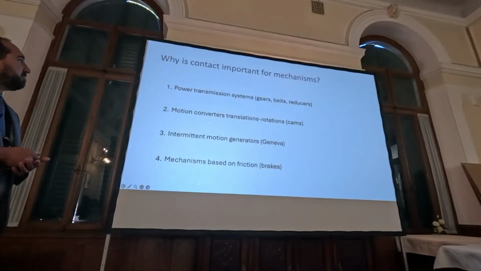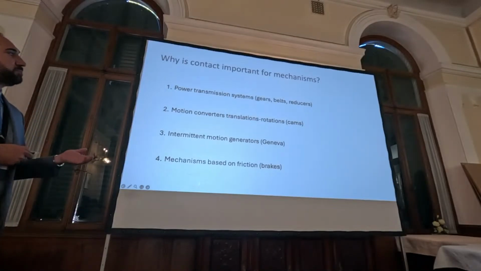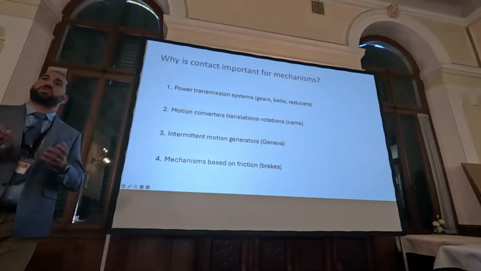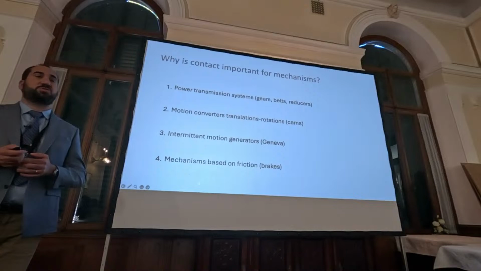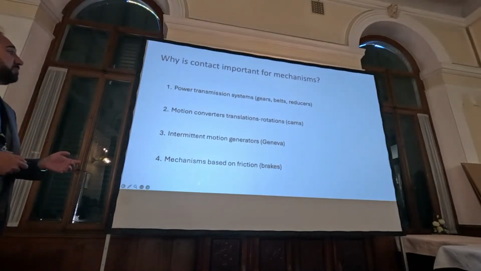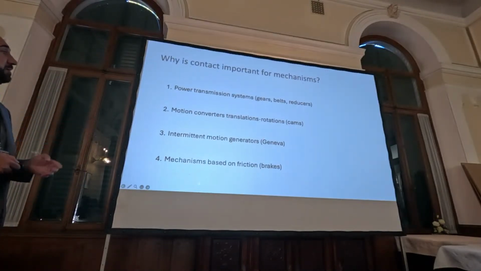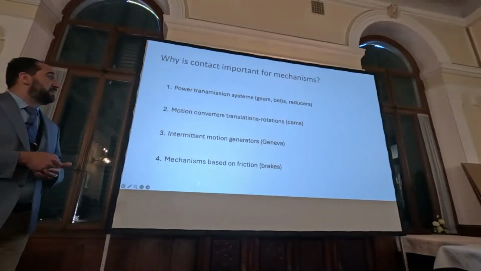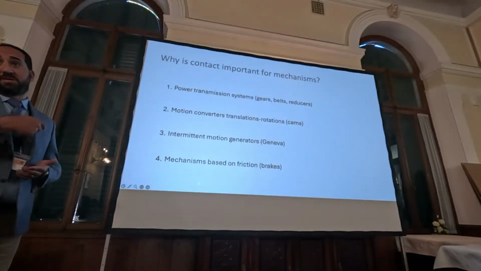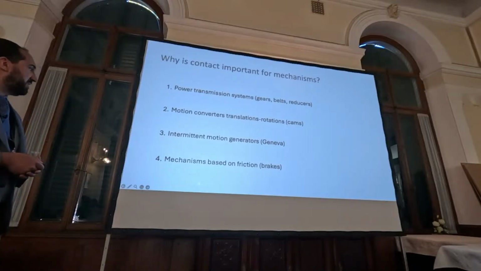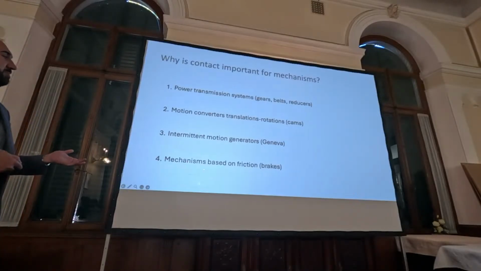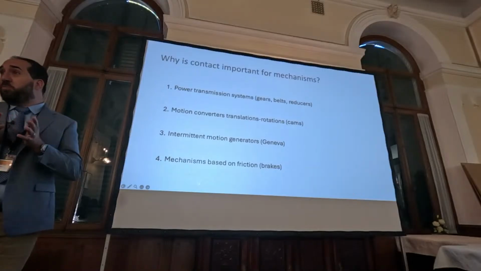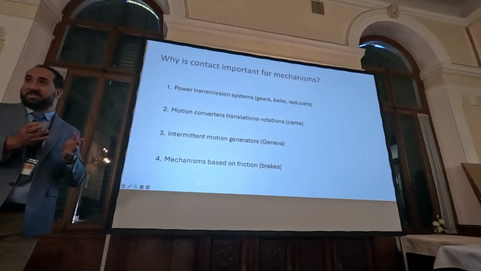So we have motion converters from translational to rotational motion or from rotational to translational motion, or other mechanisms that are intermittent motion generators, like the Geneva mechanism that I'm going to present at the end of the presentation. Other mechanisms are based essentially on friction, so they work thanks to the contacts and thanks to the friction.